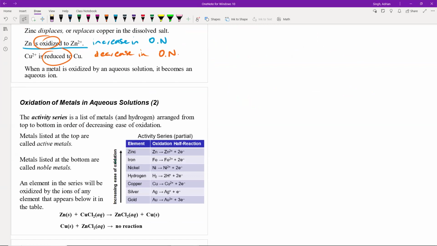The activity series is simply a list of all the metals, and we also have hydrogen as a reference in there, arranged from top to bottom in the order of decreasing ease of oxidation, or another way of saying that, in the order of decreasing activity.